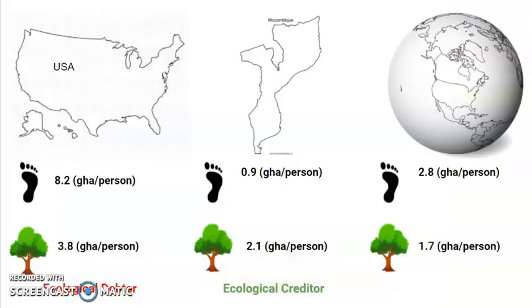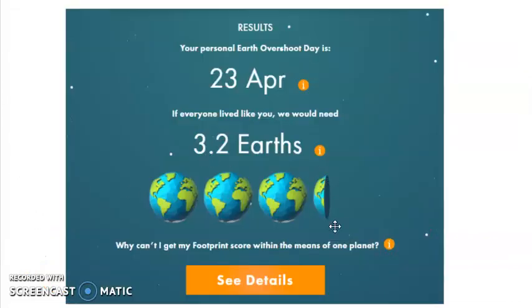Remember the number for the United States. The average is 8.2, right? 8.2 Earths for the United States. I am far below that, but still I am using 3.2 times more resources than Earth can generate.